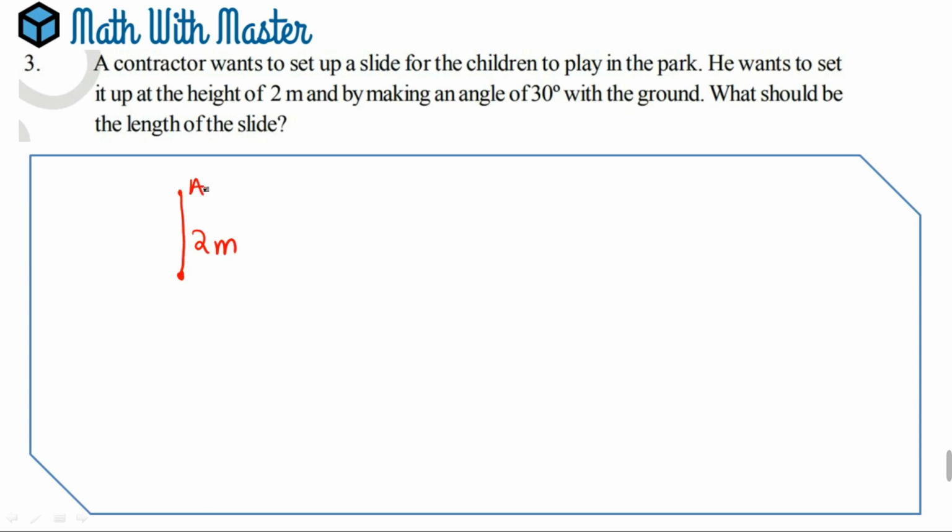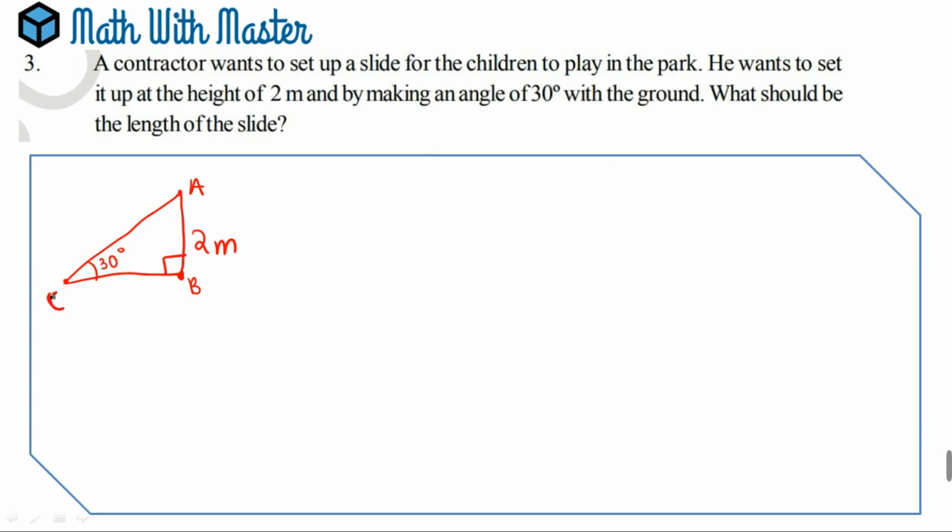We will let this point A and let this point B. AB is our slide, which is 2 meters, and he wants to set it by making an angle of 30 degrees with the ground. So at this point here he wants to make it 30 degrees. So what should be the length of the slide?